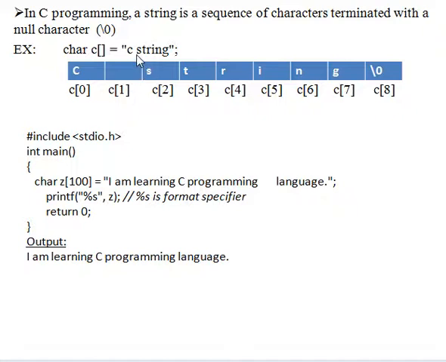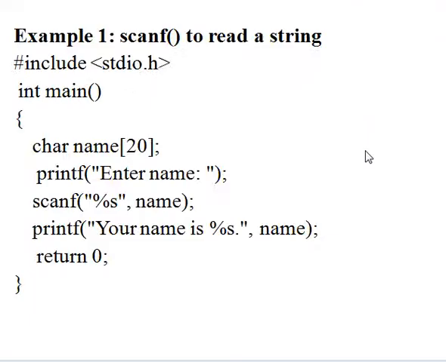The third character S is stored at c of 2, and so on. In total there are 8 characters, so c of 0 to c of 7 will be stored.